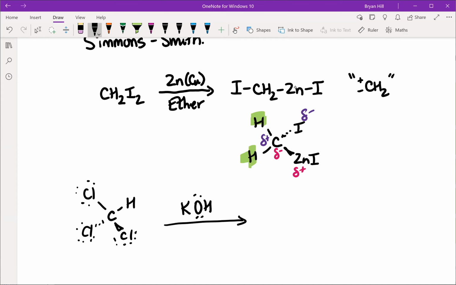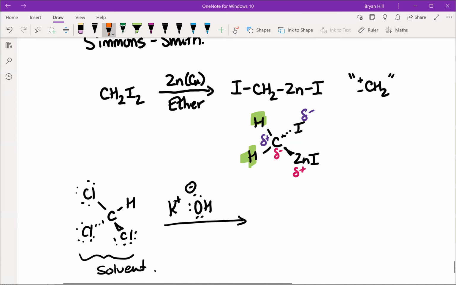So chloroform, of course, this is a solvent. So you could do this reaction in chloroform. And what happens is, let's erase this for a second. So I'll do the proposed mechanism of how this works.